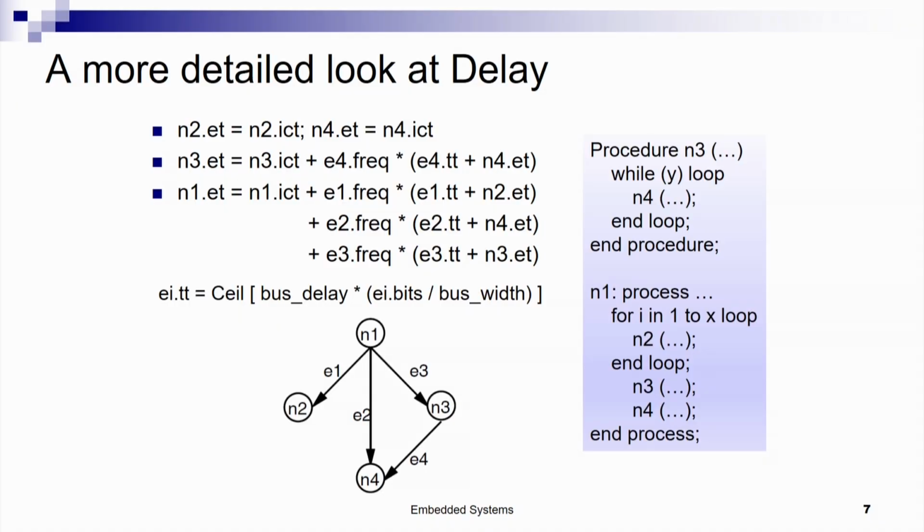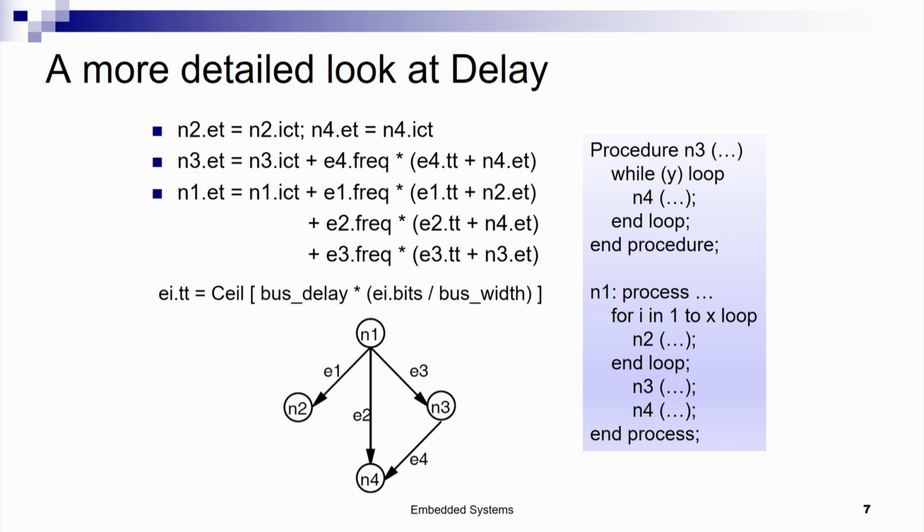Now, to look a bit more deeply at how such parameters of performance, power, etc. could be calculated, we look closely at one important parameter, the execution time. One of the important objectives of a system could be to minimize execution time, of course, within a given cost.